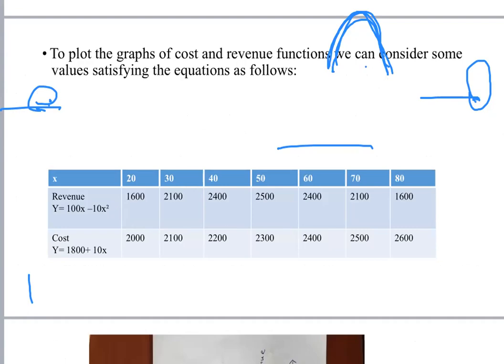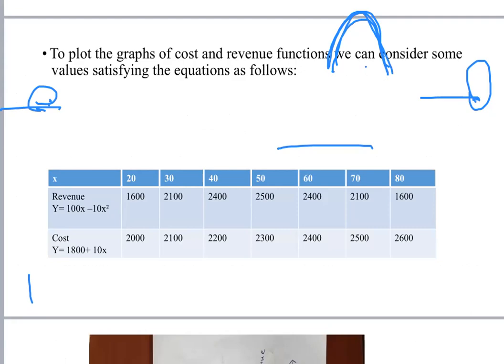To graph those two functions, we have to take some coordinate points, so it is wasting more time. Therefore, I will just show only one, how to get the calculation for one point. Then you can go through the others.